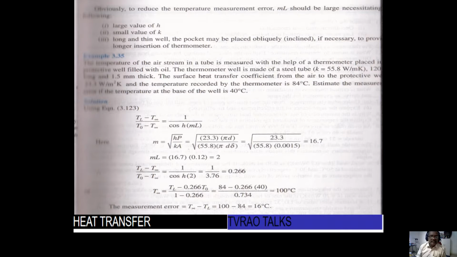So T infinity minus TL is 100 minus 84, equal to 16 degrees centigrade. So like this, you can find the error measurement using the temperature distribution equation. The fin temperature distribution can be used in the application of error measurement or temperature measurement.